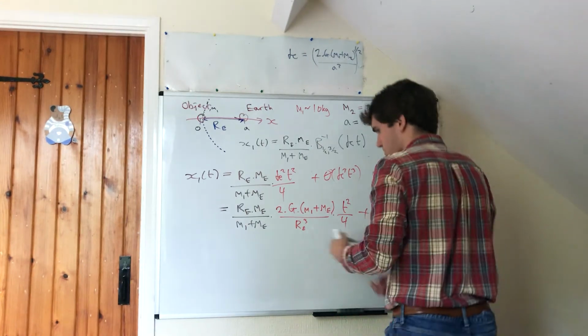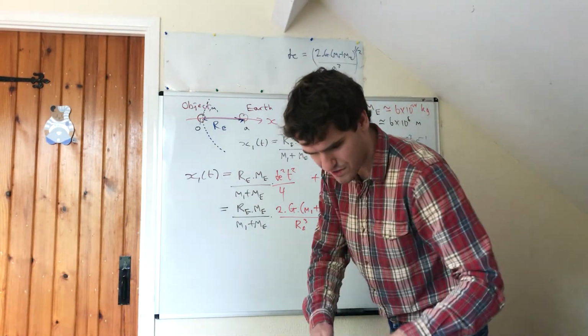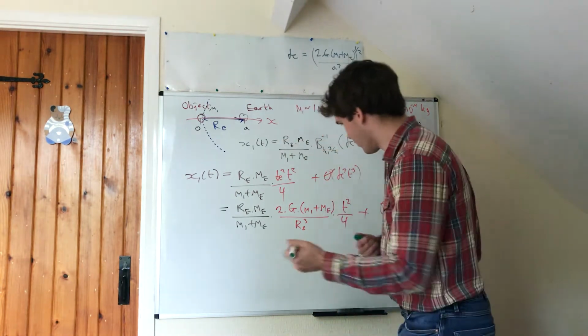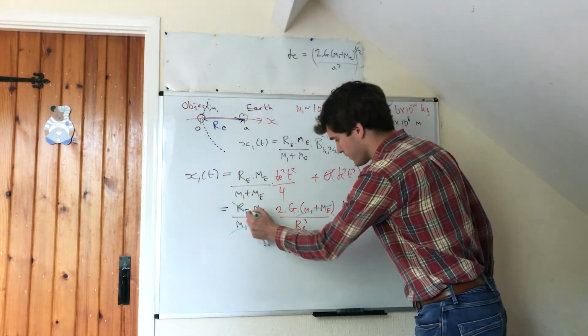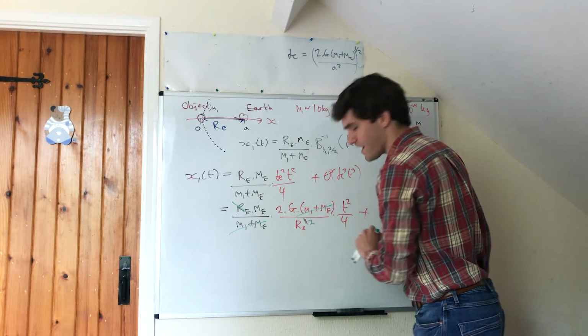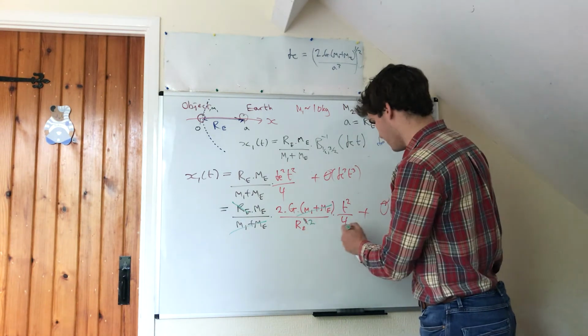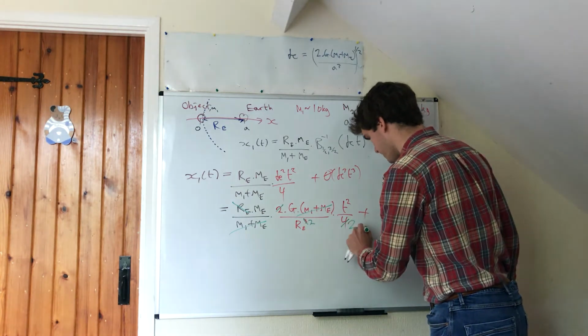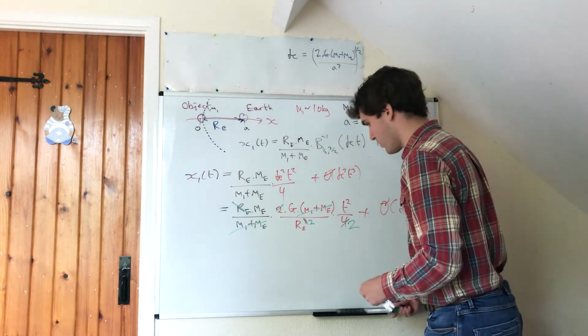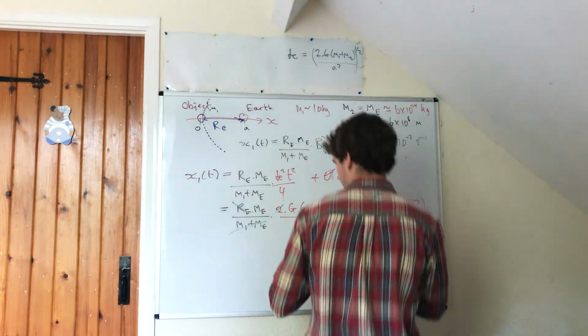Okay, got some beautiful cancellations here. Let's cancel off. The m1 plus me cancels nicely. The radius of Earth cancels with this cubed and makes it into a squared. And the 2 cancels with the 4 and turns it into a 2. Okay, so I'm going to take this 2 out to the front, and then I'll continue my working.